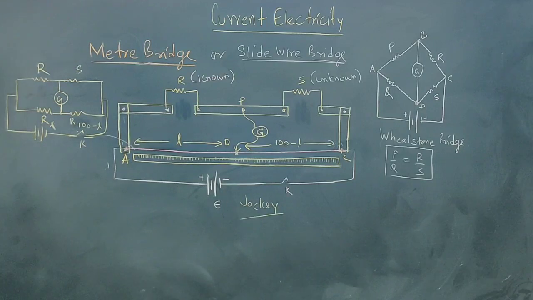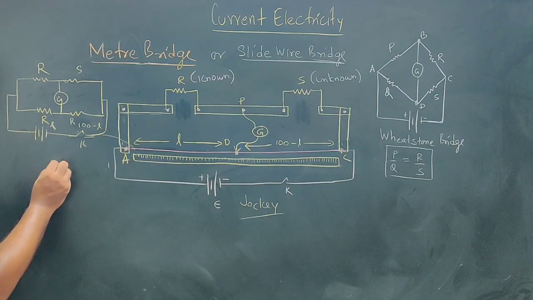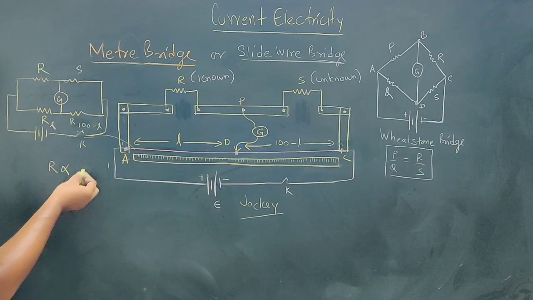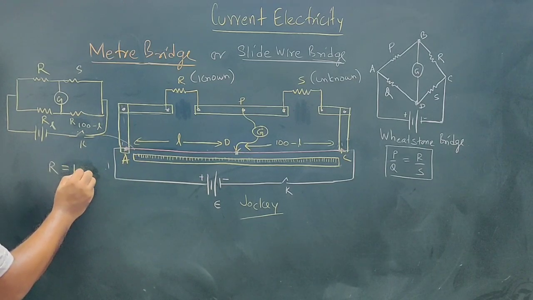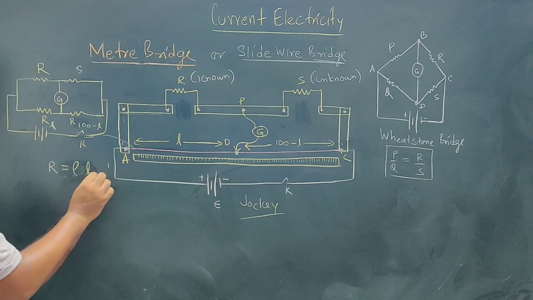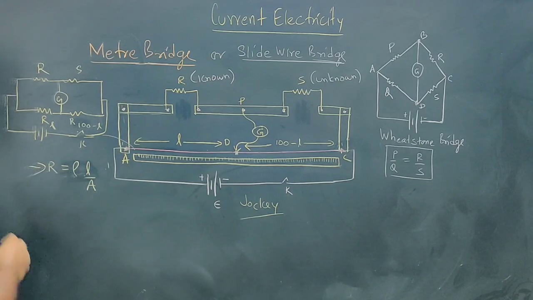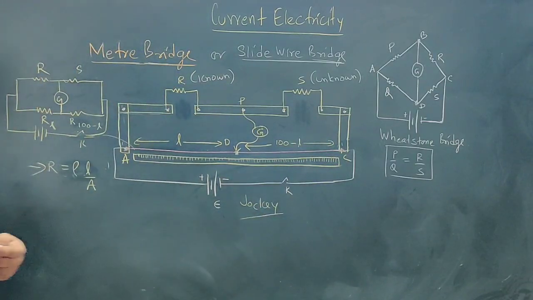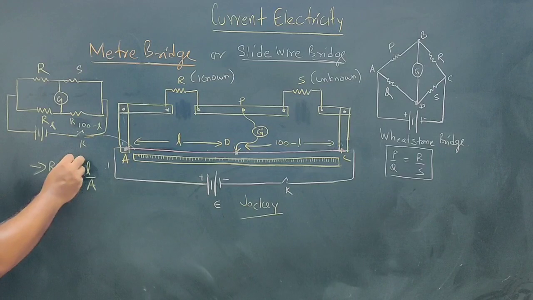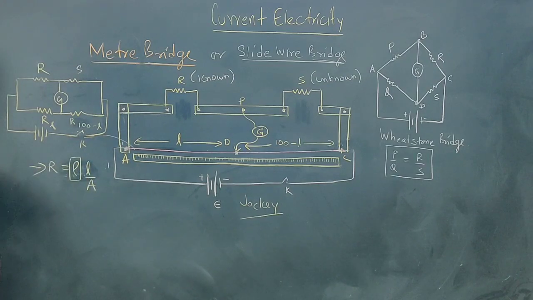Now resistance is proportional to length, because resistance can be written as rho L by A. Now from this end to this end, we are using a wire of the same material, so rho is a constant.